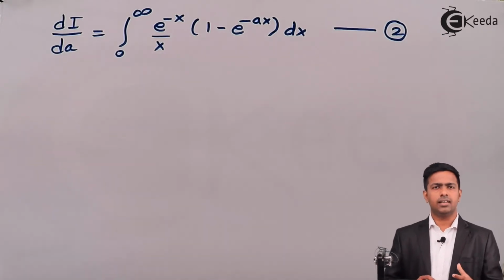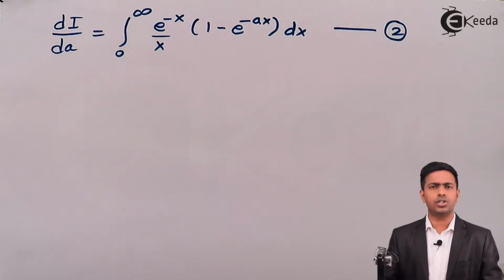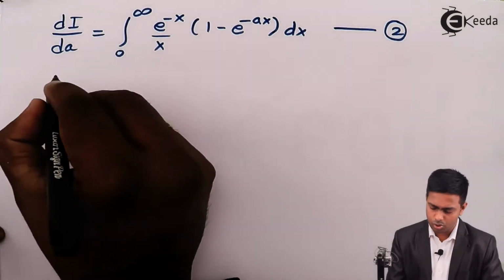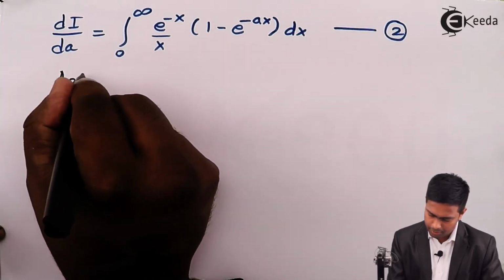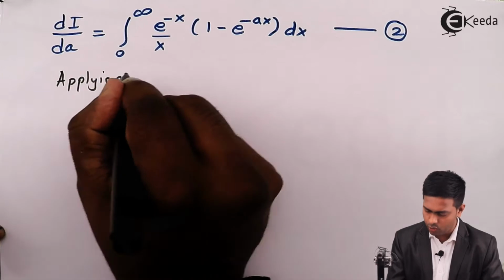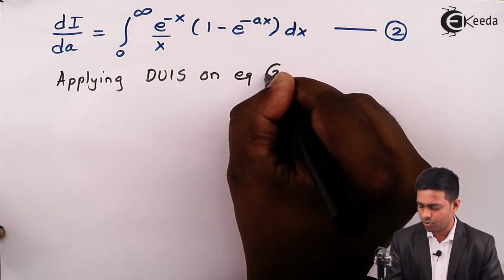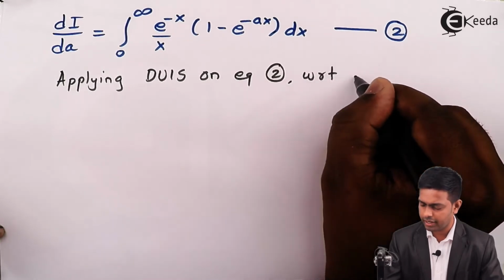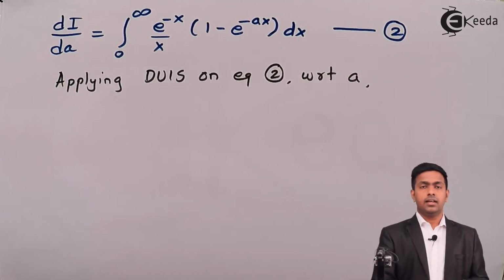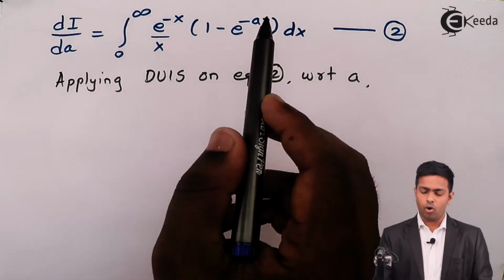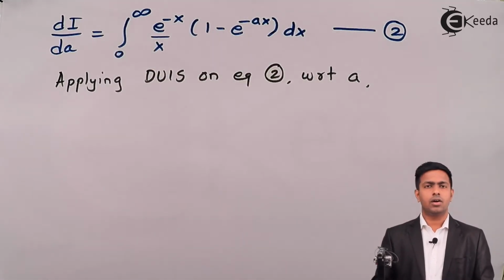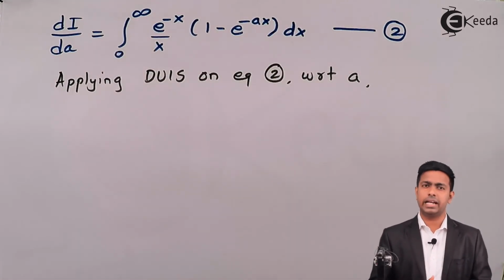So here I'll say again applying the DUIS on equation number 2 with respect to A. Now here you can also solve this integral by the normal rules of integration.